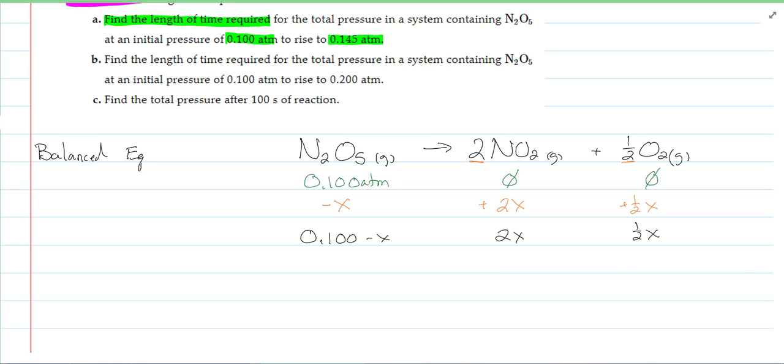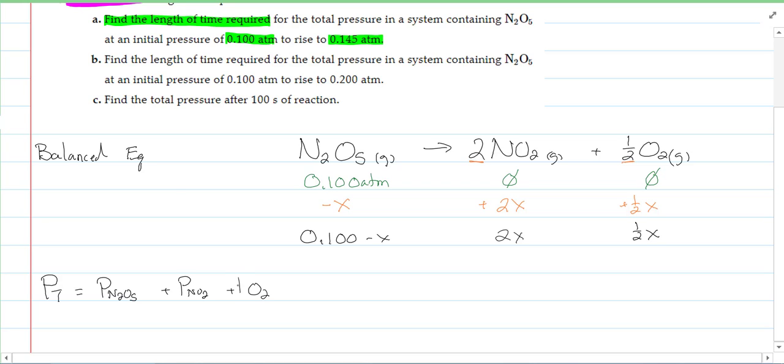We know with Dalton's law of partial pressures that the total pressure is equal to the pressure of N2O5 plus the pressure of NO2 plus the pressure of O2. Okay, now we know the total pressure is 0.145 atmospheres.